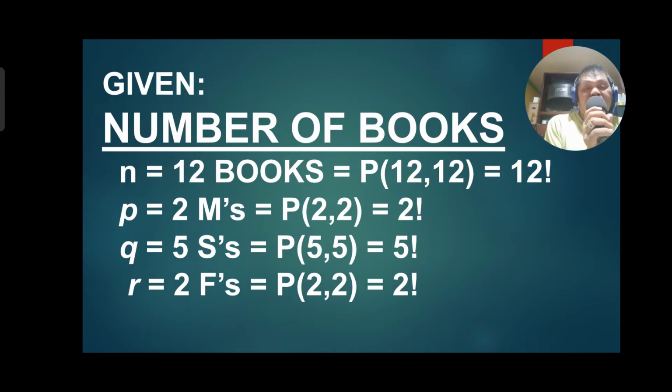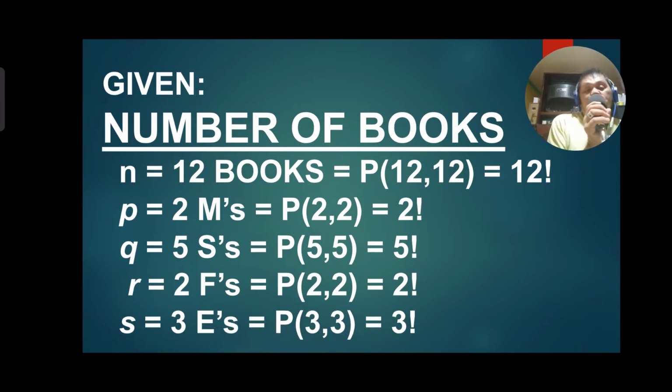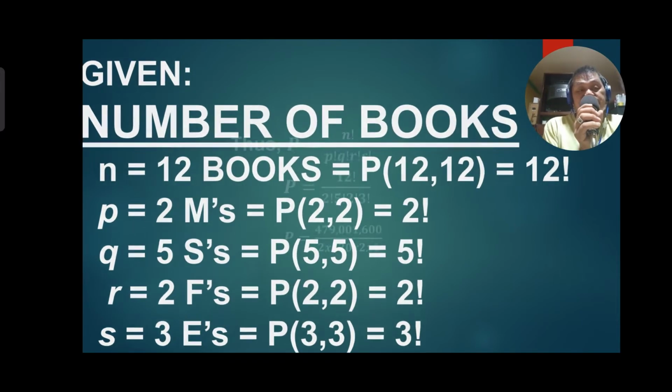And we have 2 Filipino books, and that will be our r. So permutation of 2 Filipino books taken 2 at a time is equal to 2 factorial. And we have 3 English books, and that would be our s, permutation of 3 English books taken 3 at a time is equal to 3 factorial.